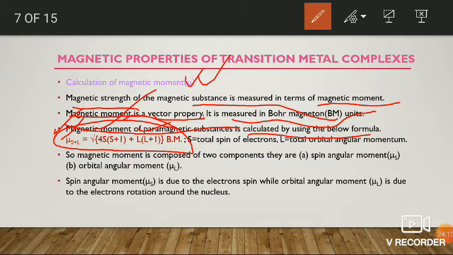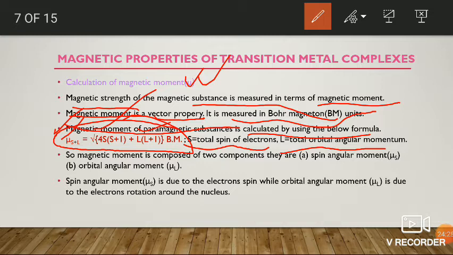Here capital S is the total spin of electrons, and capital L is the total orbital angular momentum of electrons. Generally there are four quantum numbers for electrons in an atom.